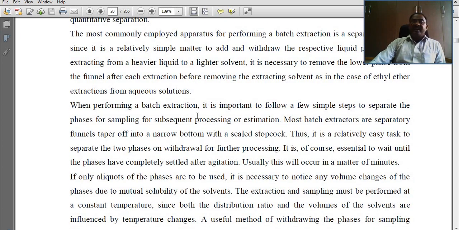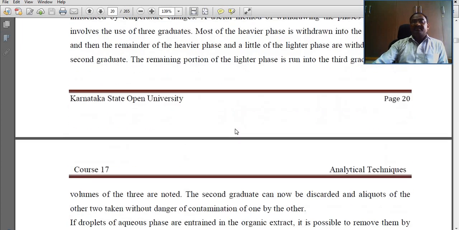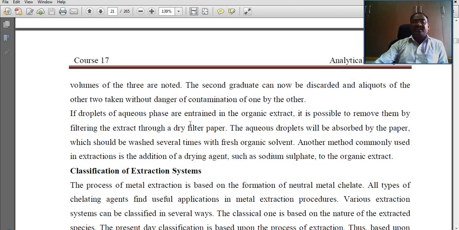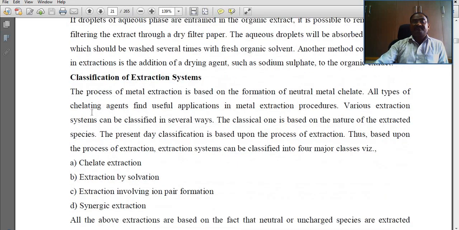When performing a batch extraction, it is important to follow a few simple steps to separate the phases for sampling for subsequent processing or estimation. Some other explanations regarding batch extraction are mentioned here. Now I will move on.